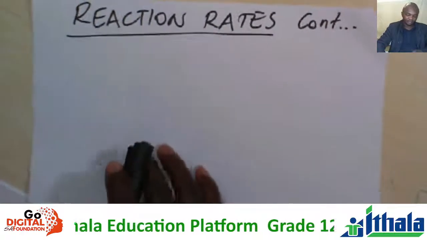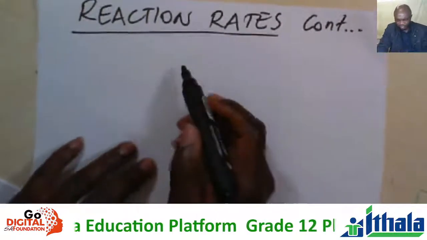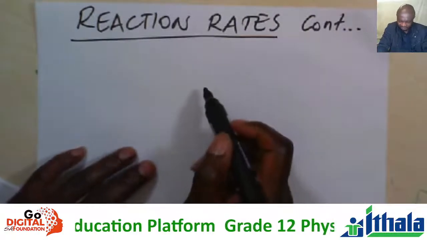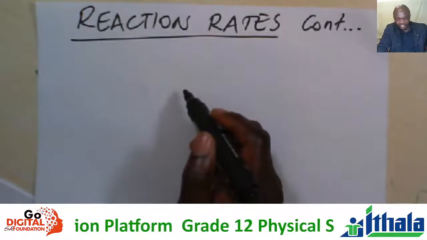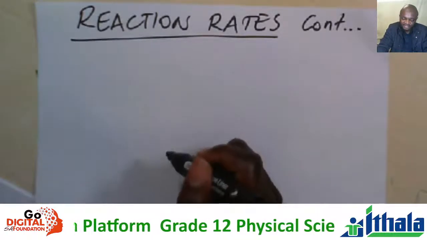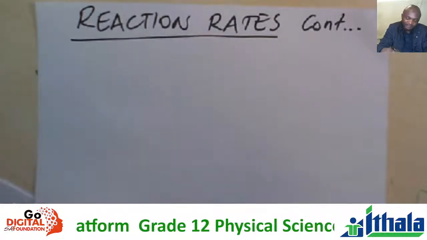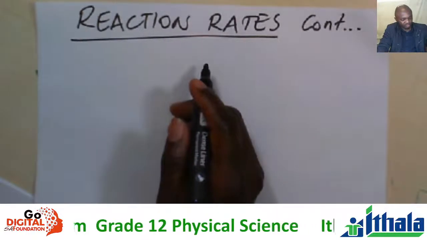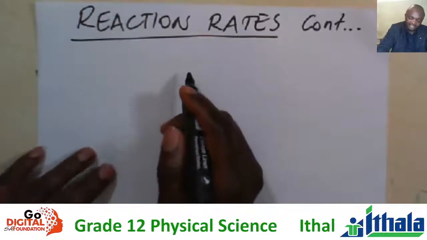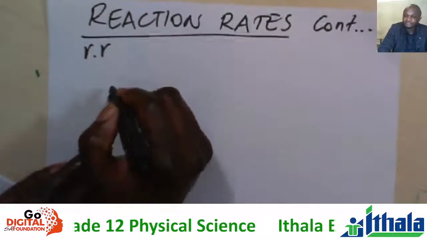Then before siqhubeke sithi ukukhumbula sithethe reaction rate will be defined as the change in the concentration of ama reactant noma ama product per unit time, right? So ileyo definition edingakalayo, the reaction rate, right?